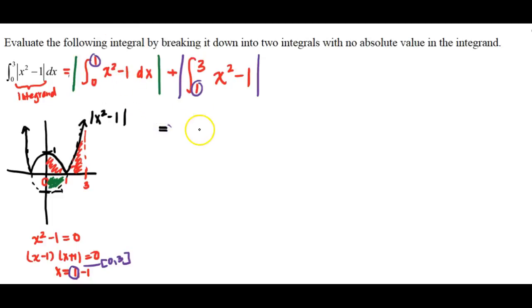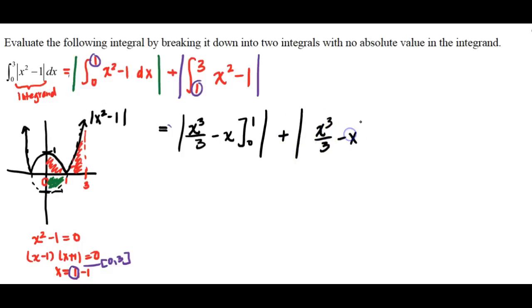So this first one would be x cubed over 3 minus x evaluated from 0 to 1, and that whole thing is going to end up being positive at the end, plus, again, same antiderivative, x cubed over 3 minus x evaluated from 1 to 3, make that whole thing positive.